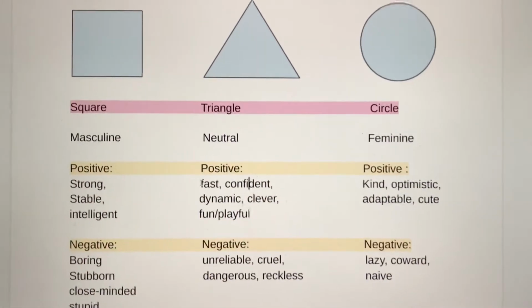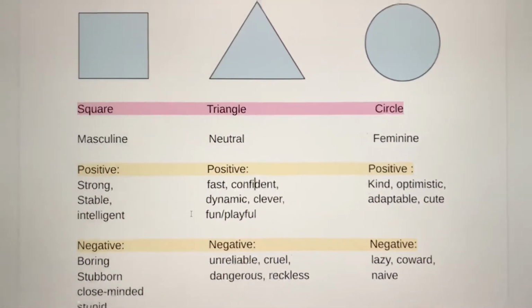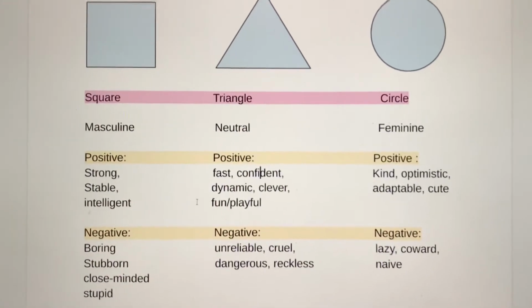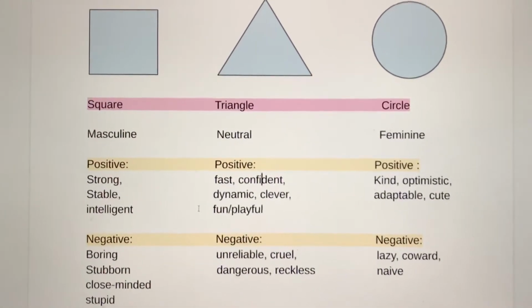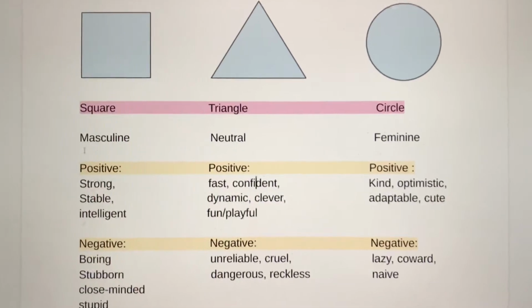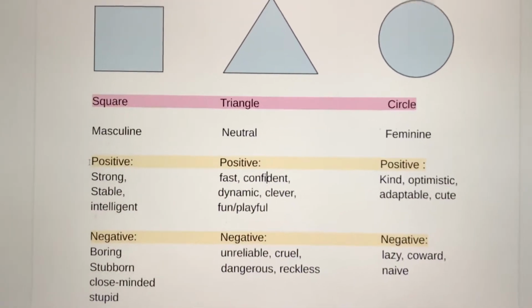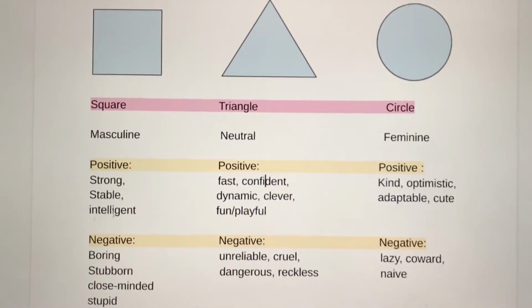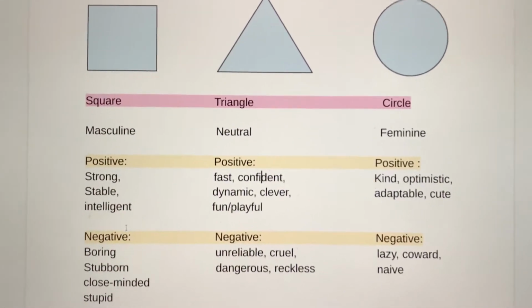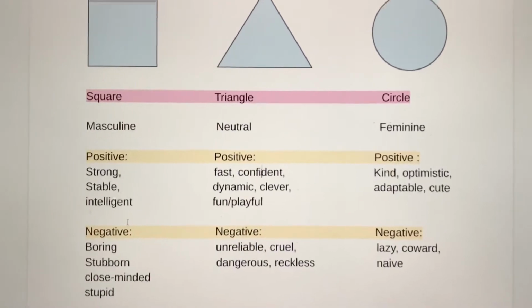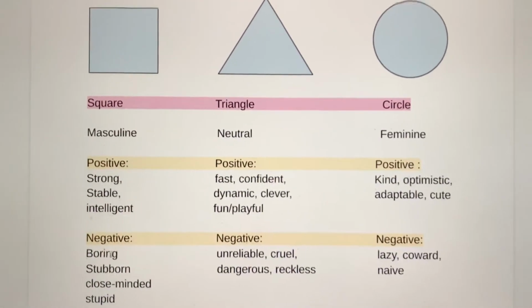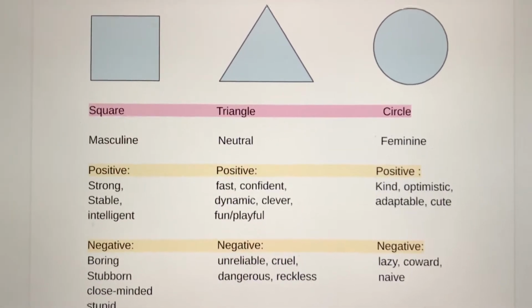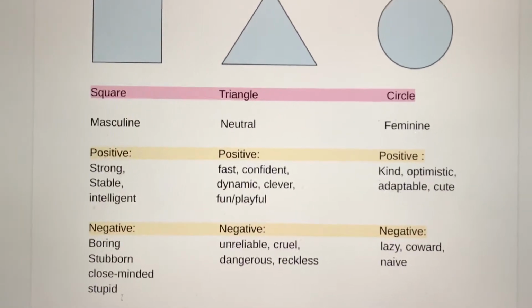We have both positive and negative connotations to these shapes. A square can show that a character is strong, stable, and maybe intelligent. But on the other side, they could also be boring, stubborn, closed-minded, or not very intelligent.